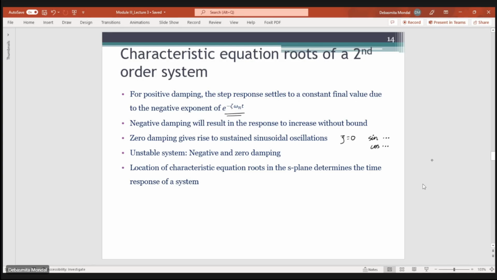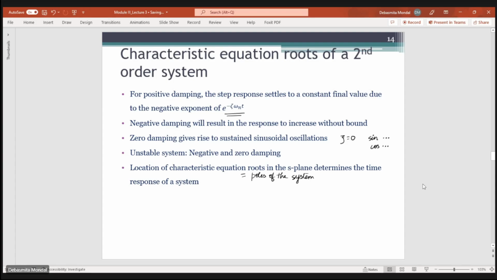So basically the significance is that the location of the characteristic equation roots, which is equivalent to the poles of the system, determines the time response of the system.